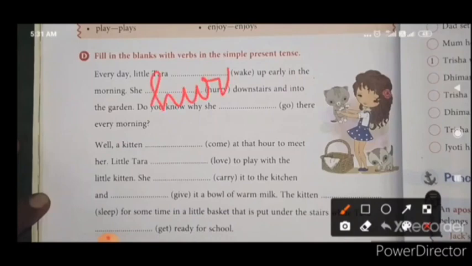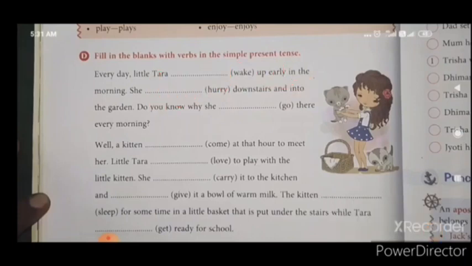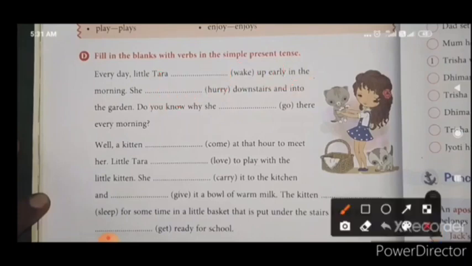Hurries. Third one, do you know why she goes there every morning? The verb is go, main verb. So if she comes, you have to add es, goes. Because go comes, you have to add es, goes. Every morning.